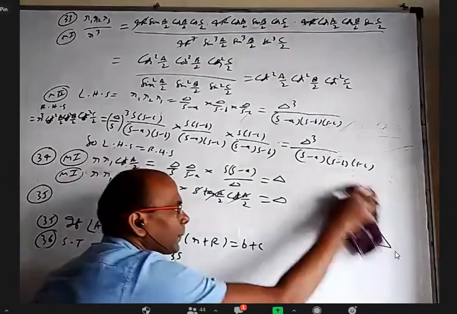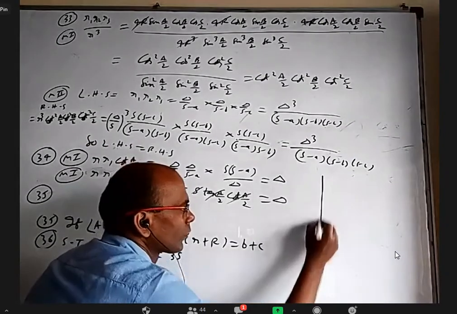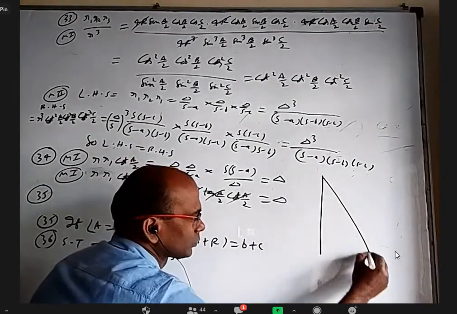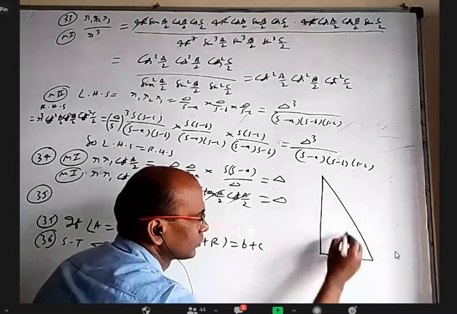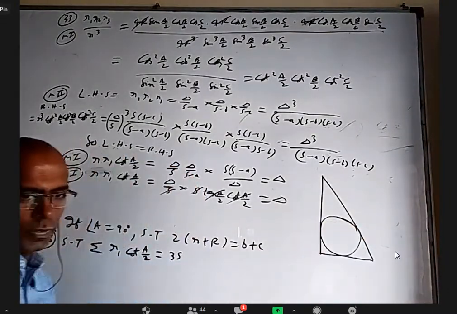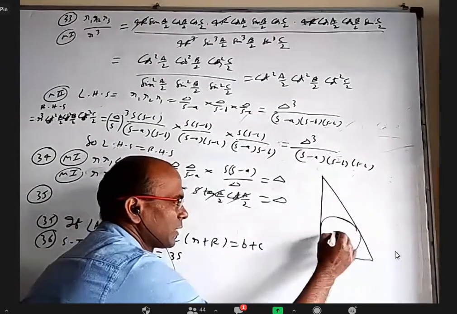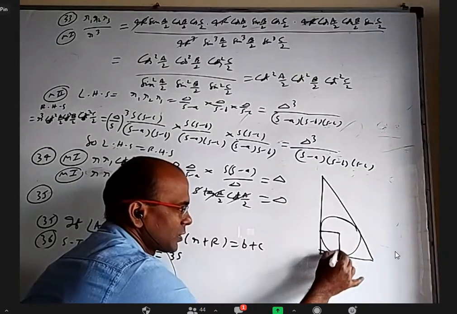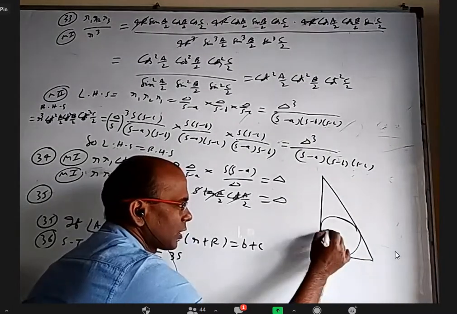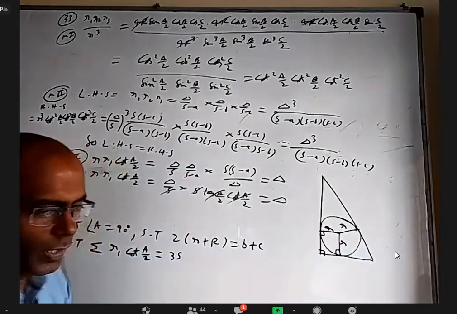Not required. Take a right angle triangle with an incircle. Its center will be here. This perpendicular distance, both are r. Even this is also r from the incenter, right?